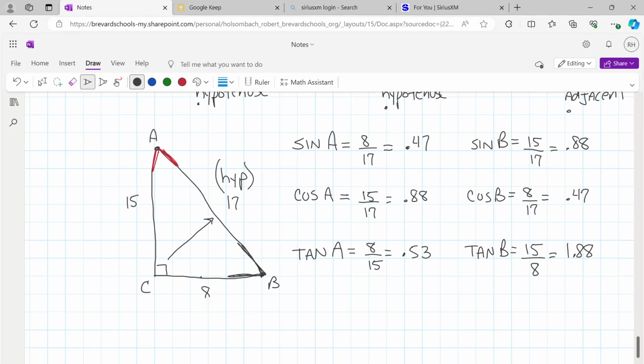All right? But once we label the hypotenuse, it can never be an adjacent angle. Opposite of A is the side opposite of angle A. And then adjacent to A is the side that helps form A with the hypotenuse. So be sure that you're real careful about that when you are writing these ratios.